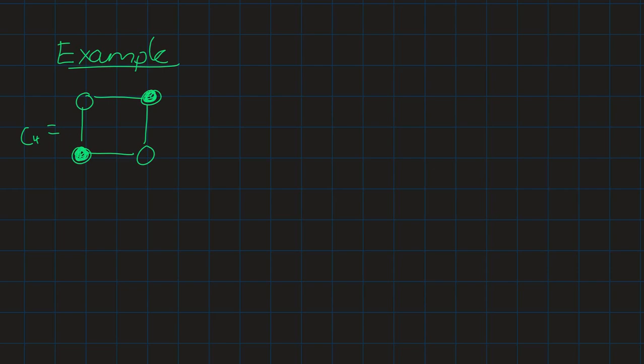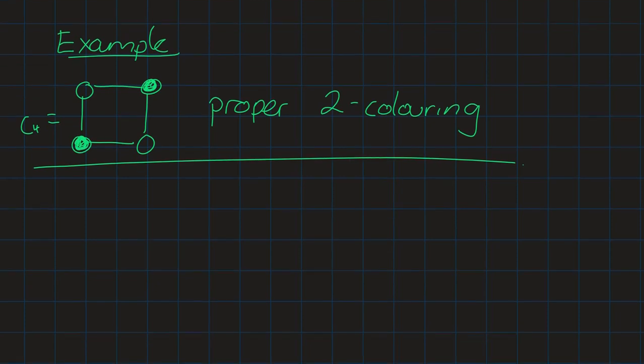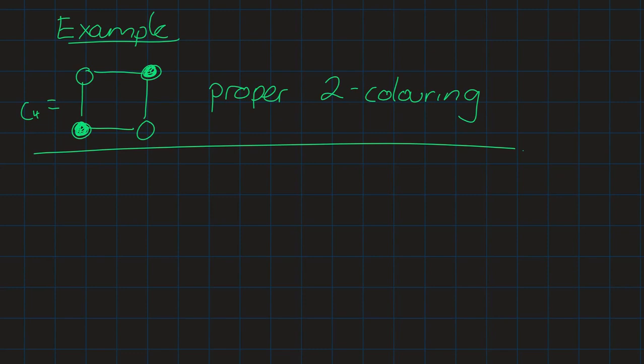Okay, so blank is a colour for me. So this is a proper two colouring. It's two colours, green and black, I guess. And no two green vertices are connected by an edge, and no two black vertices are connected by an edge.